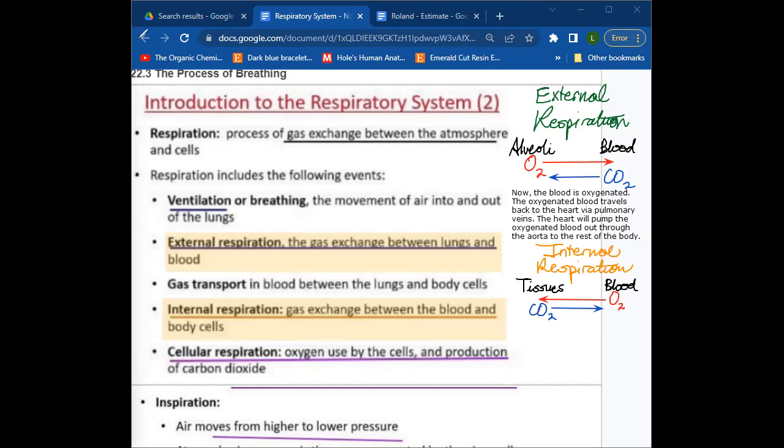Okay, then once the cells have the oxygen, they're going to use the oxygen for cellular respiration.